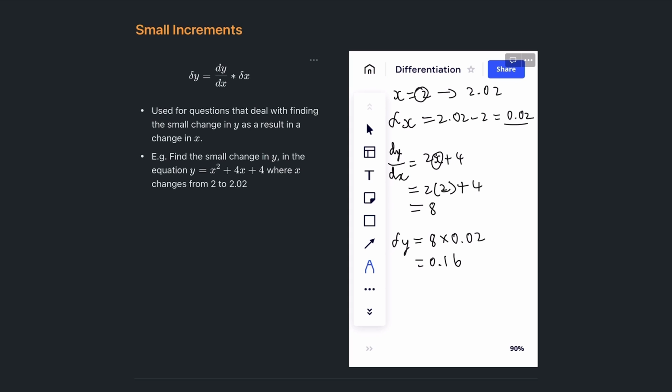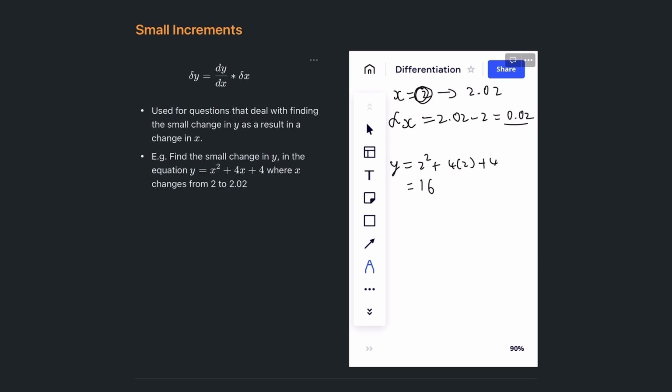You can also be given a different variant of this question, which is to find the new value of y, after it's changed. The way to do it is to take the original value of x and substitute it into the main equation, y equals x squared plus 4x plus 4. That gives y equals 2 squared plus 4 times 2 plus 4, which is 4 plus 8 plus 4, which is 16.